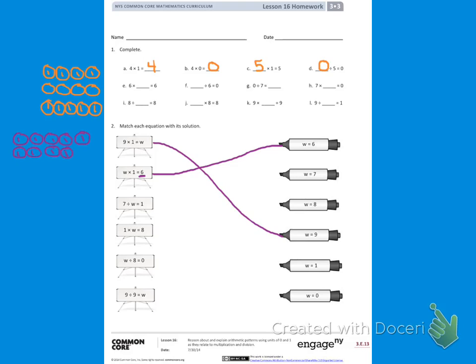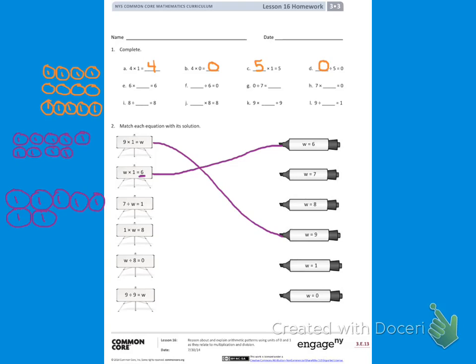Let's try that. Each person gets 1. 1, 2, 3, 4, 5, 6, 7. Okay, I had 7 items. Each person got 1.